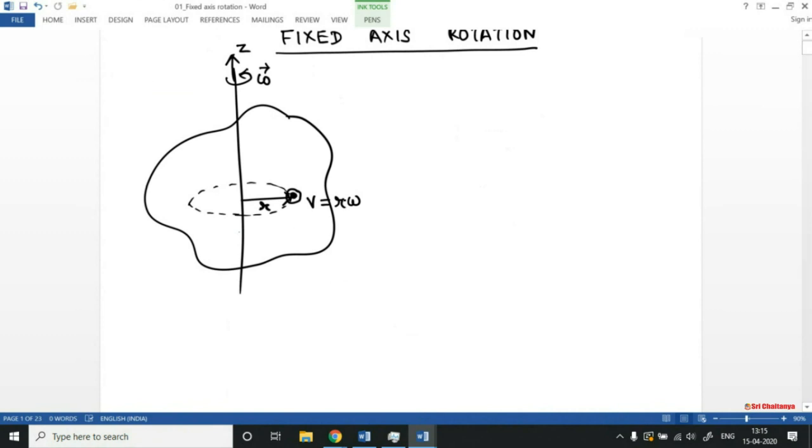If we wish to find the kinetic energy of this whole rigid body which is undergoing purely rotational motion, let's first look into kinetic energy. Let's not derive this equation. The kinetic energy is equal to half I omega square, where I is the moment of inertia of this rigid body about the z axis.